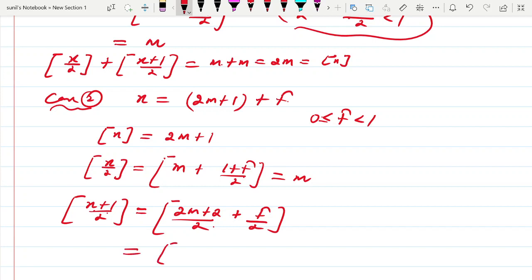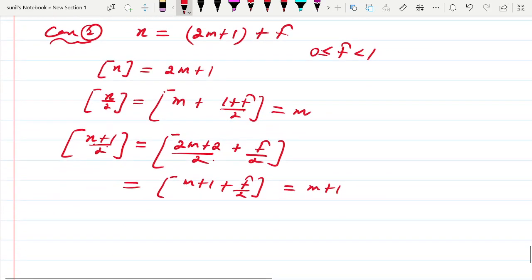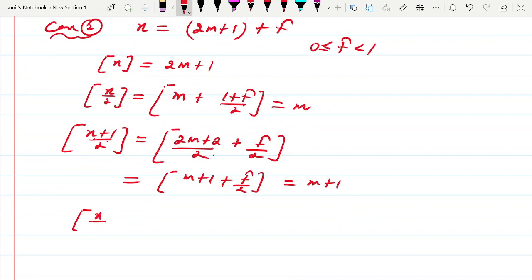This is nothing but, now f by 2, again fractional part, it is m plus 1. Now again you can say, guys, bracket x by 2 plus bracket (x plus 1) by 2 is coming out to be m plus m plus 1, that is 2m plus 1. So that proves the property.